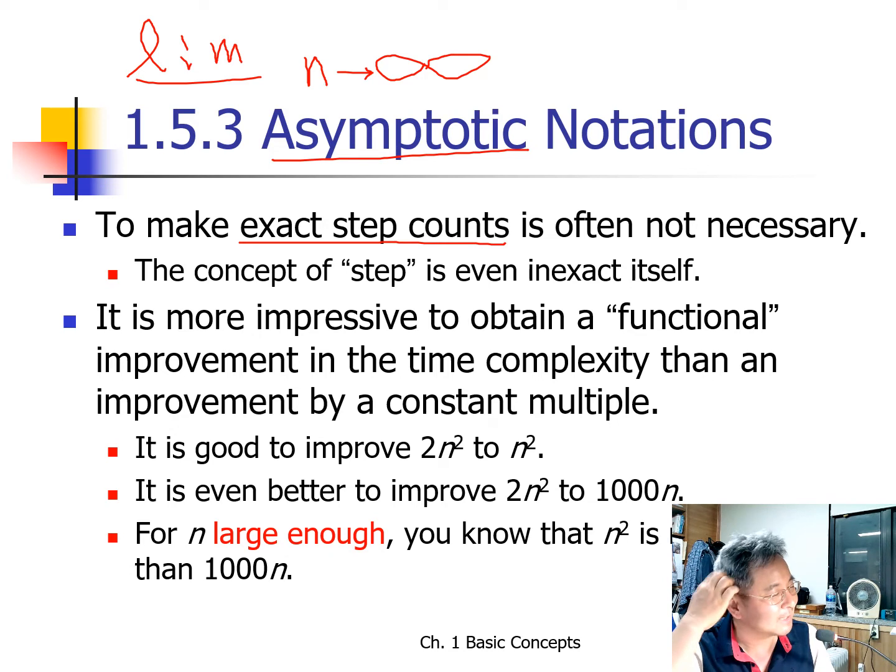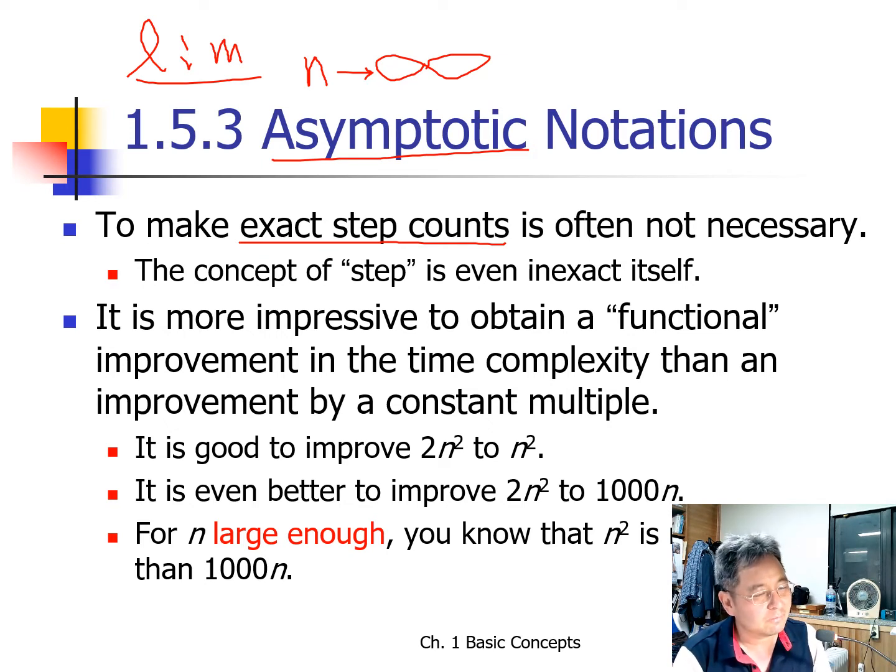We defined a step as a line in the program, but that concept is not so exact. Furthermore, we must consider the worst case. Worst case means that n becomes very, very large. Data becomes very large, big data. Then the exact step counting is not so important.